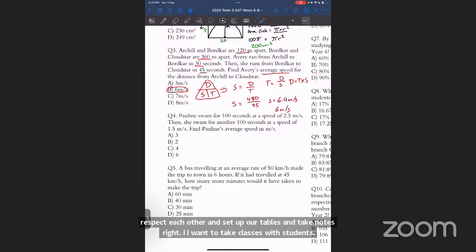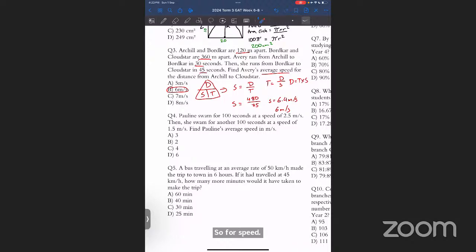So for speed, how would you describe speed? What's a unit of measurement for speed always? Give me a common speed. Let's just say you're driving somewhere. What would be the unit of measurement for speed?